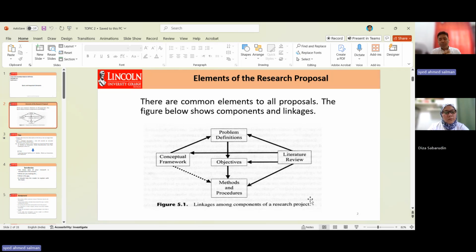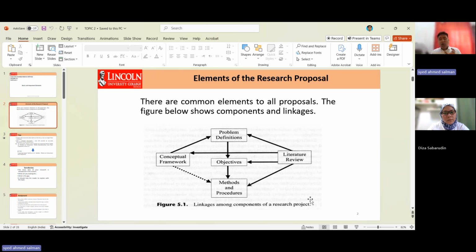Okay. Example, in the articles, you find out there is no study about the usage of social media and student academic performance in private universities or in government universities in the state of Selangor. How did you know that?